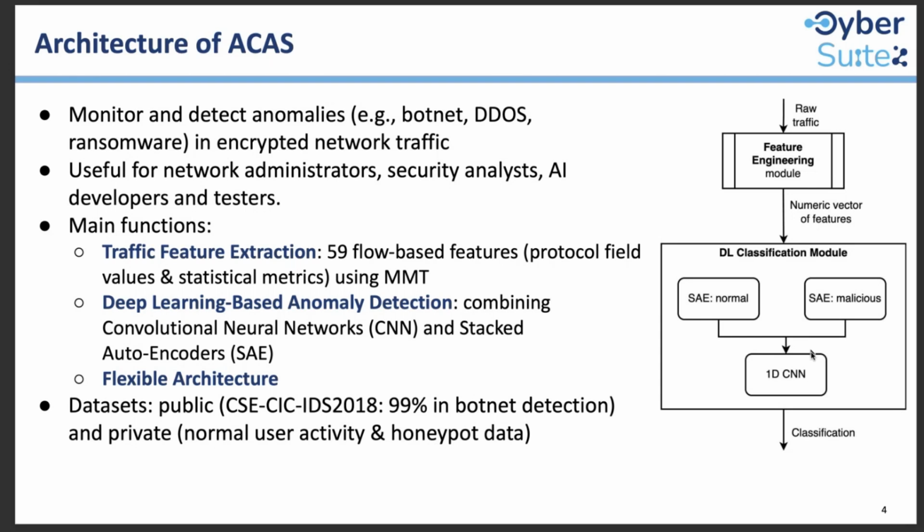The outputs are concatenated and fed into a one-dimensional CNN to perform the final classification of whether the traffic is normal or malicious. ACAS has a flexible architecture, and it has been trained and tested using both public and private datasets, with good performance. For example, it has achieved 99% accuracy in botnet detection.